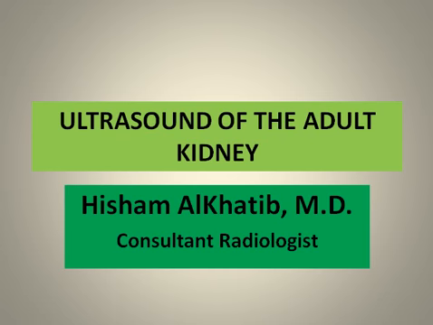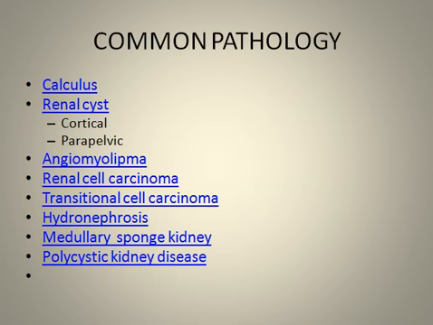My topic today is about continuation of the ultrasound of the kidney in adult patient, and here we see some of the pathologic conditions. As we said before, the common pathology involving the kidney, and by ultrasound we can see calculi or stones, we can see renal cyst, we can see tumors, can be benign, can be malignant, as in angiomyolipoma or renal cell carcinoma.